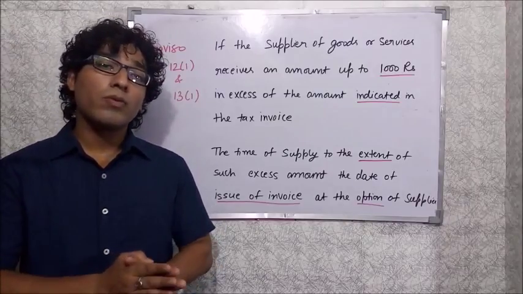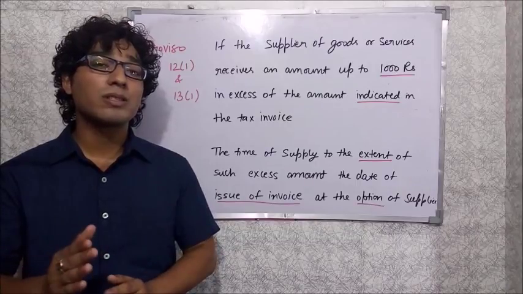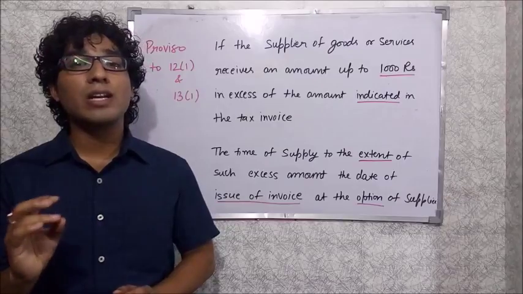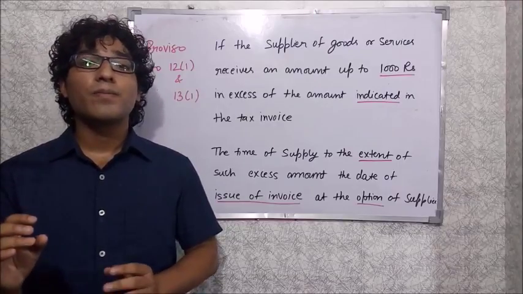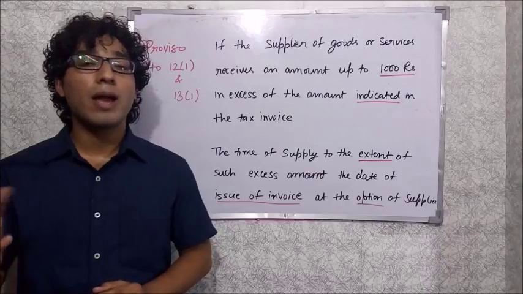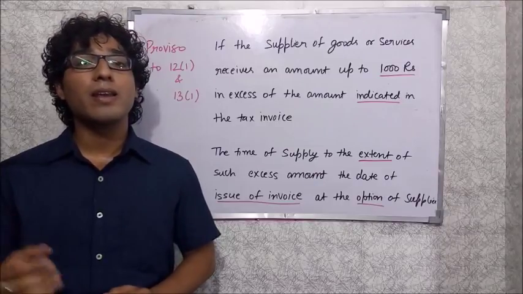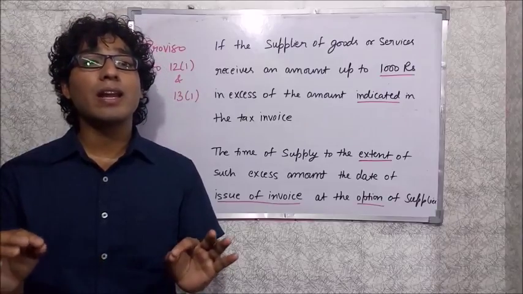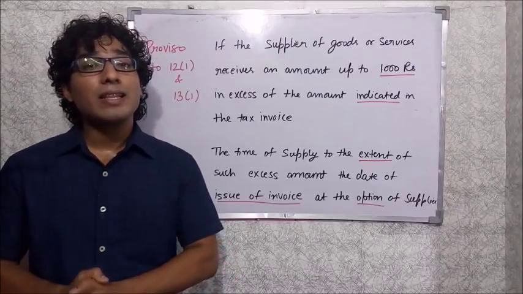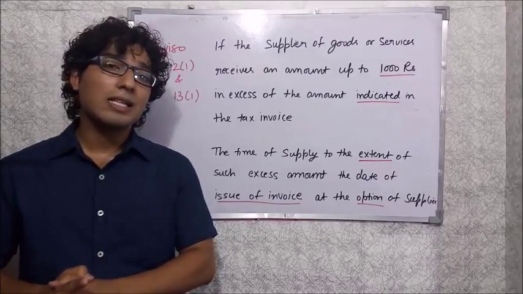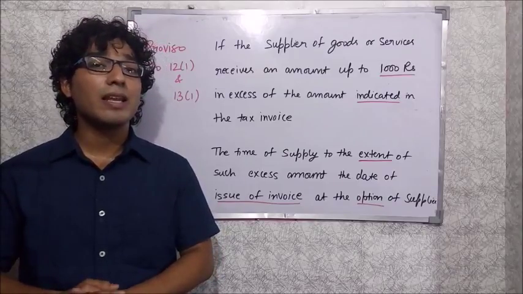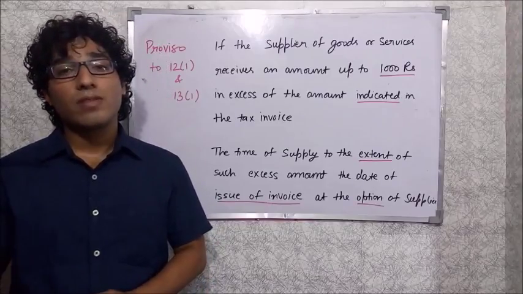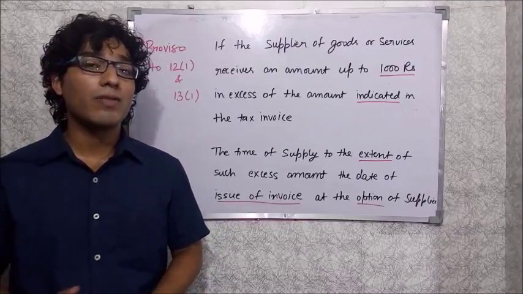So as per the normal provision, the time of supply in case of excess or advance payment should always be the date of receipt of payment by the supplier, because the earlier event will always be the date of receipt of payment in case of an advance. So is there any provision which deals with advance payment, which differentiates the time of supply of goods as well as services when the supplier receives an advance?